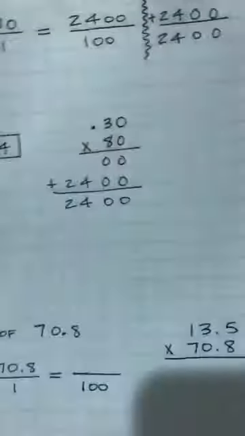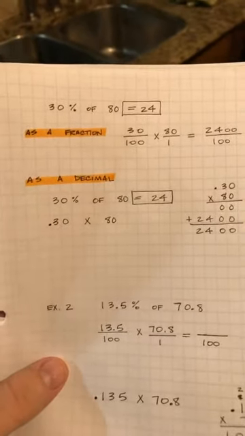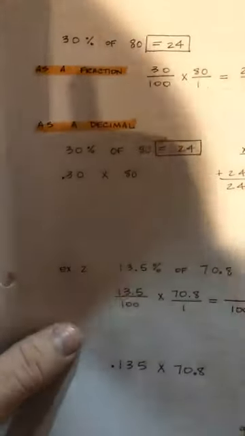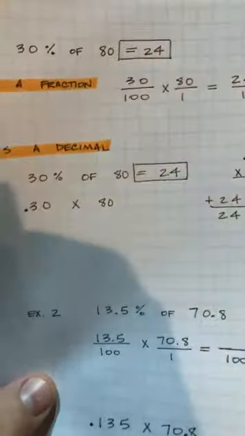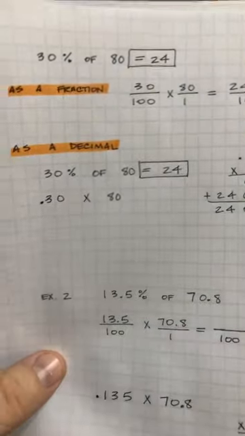I'm going to move for some better lighting over here to the table. Starting off here, we could do this as a fraction, and you can see right here where I've written 30% of 80, and then highlighted, where I've written it as a fraction. 30% is just 30 over 100, and 80 as a fraction is just 80 over 1.